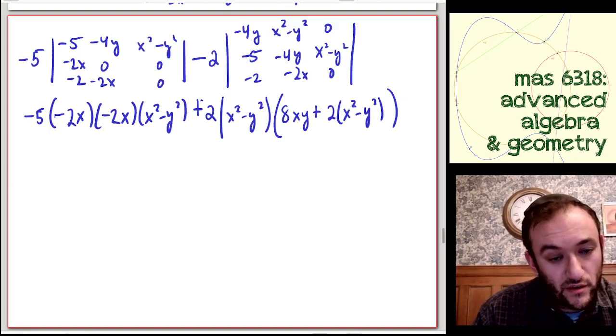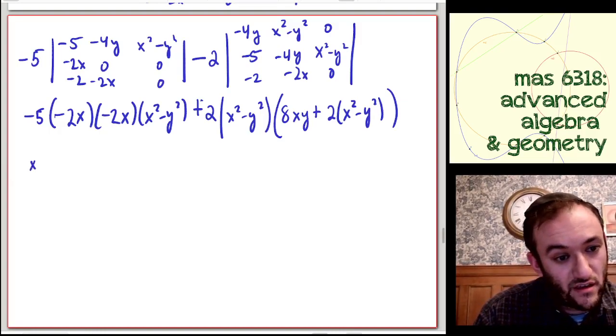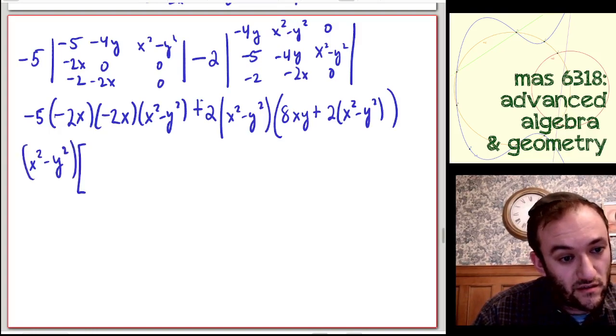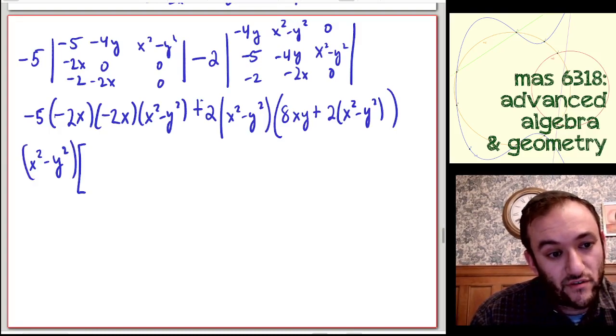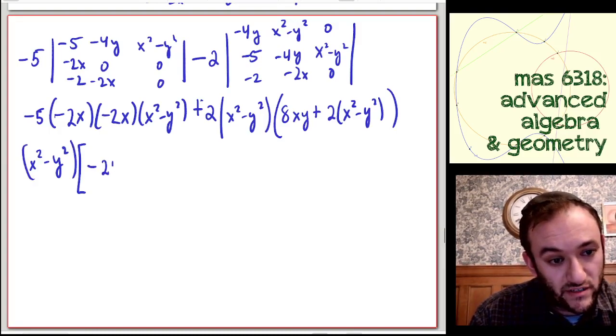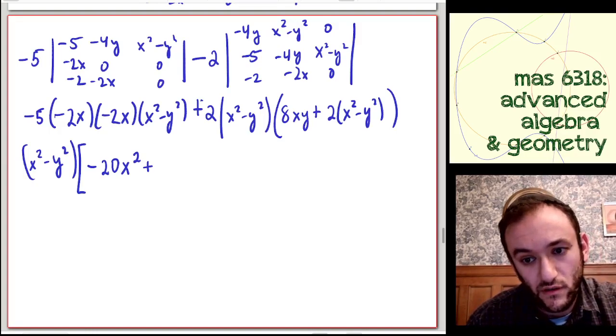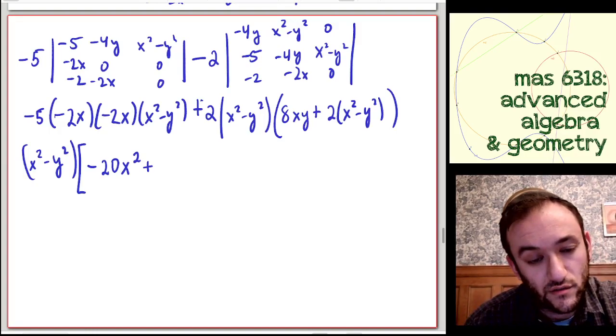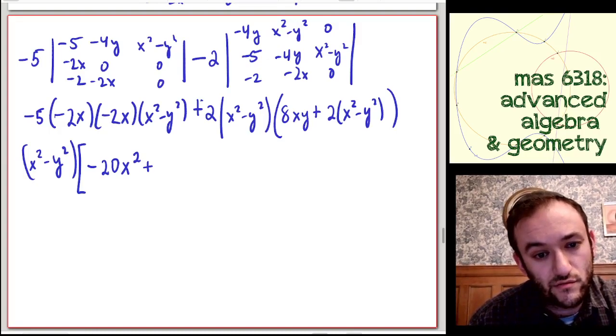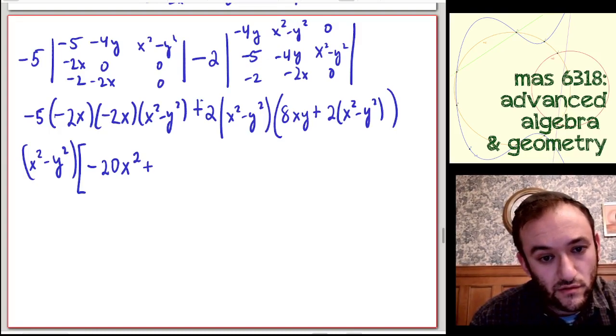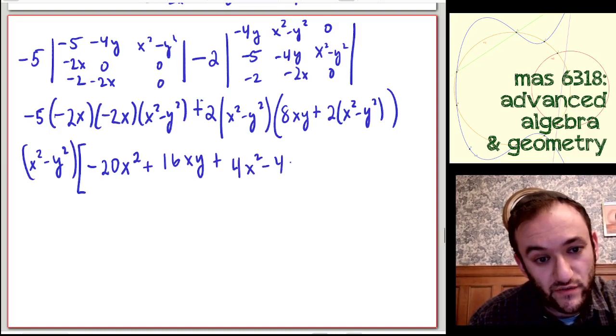Okay, so now we have x squared minus y squared, which we can factor out of the whole thing. And then we have minus 5 times 4x minus 20x squared plus 16xy plus 4x squared minus 4y squared.